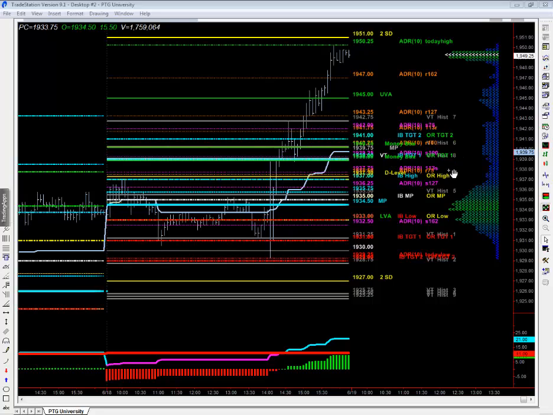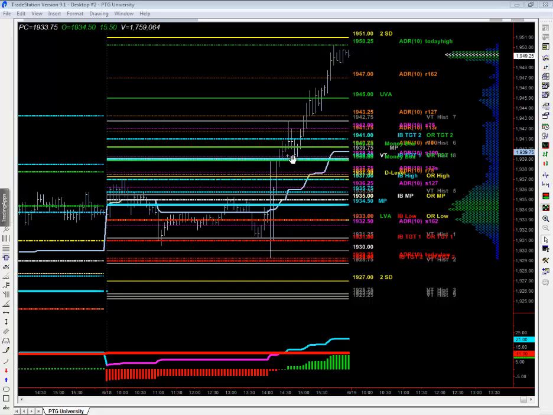You can see here on the right hand side OR1, opening range target 2, initial balance target 2, initial balance midpoint, opening range midpoint. So it builds a framework of trade zones throughout the course of the day.